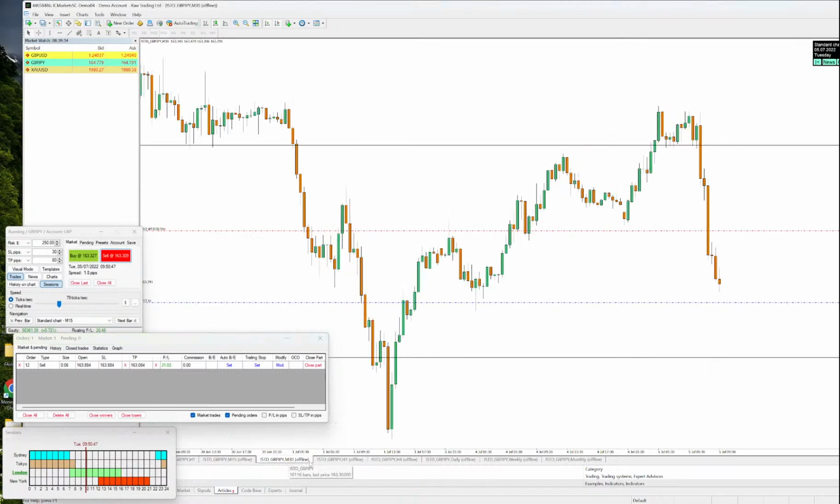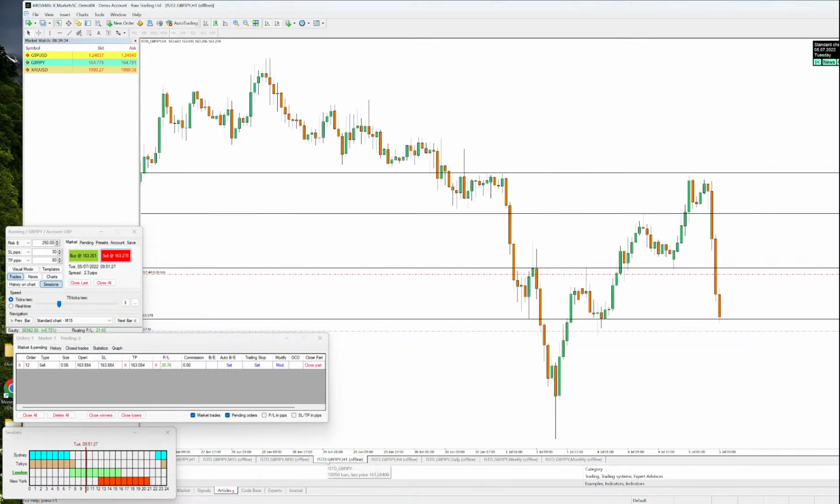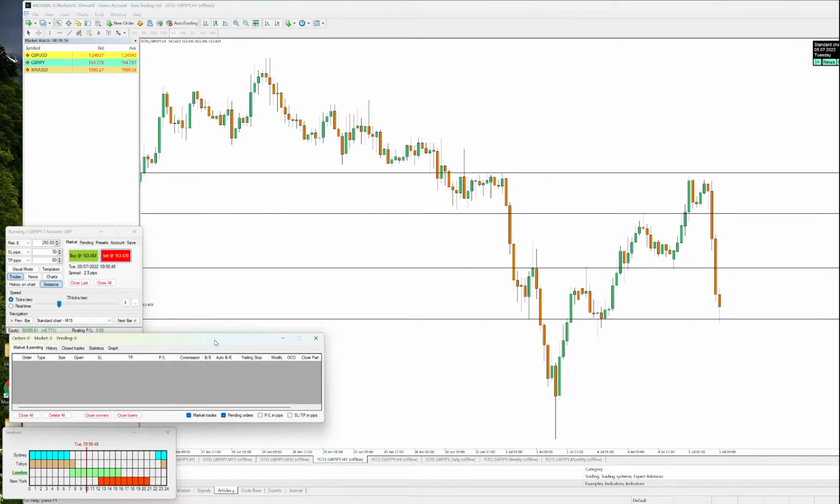And yeah. Now we're tapping this support, so I don't see this playing out more than this, to be honest. So I close everything here.